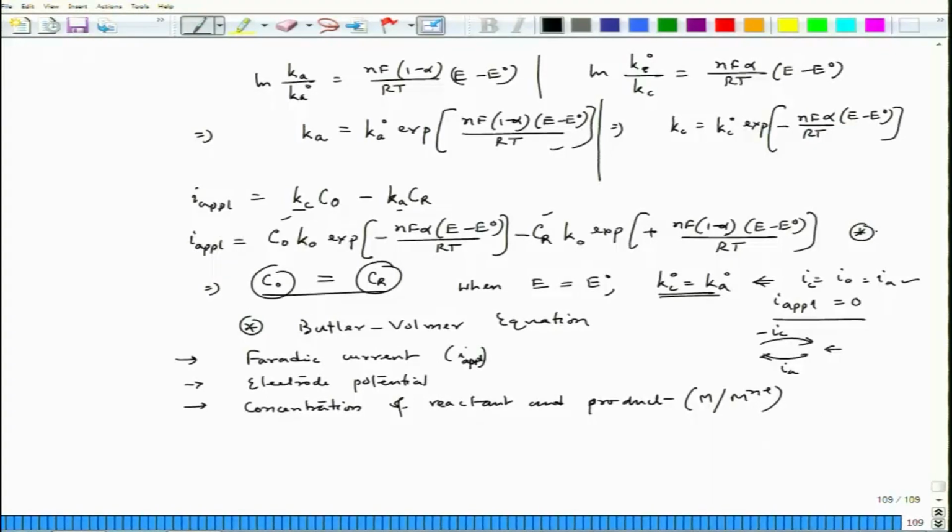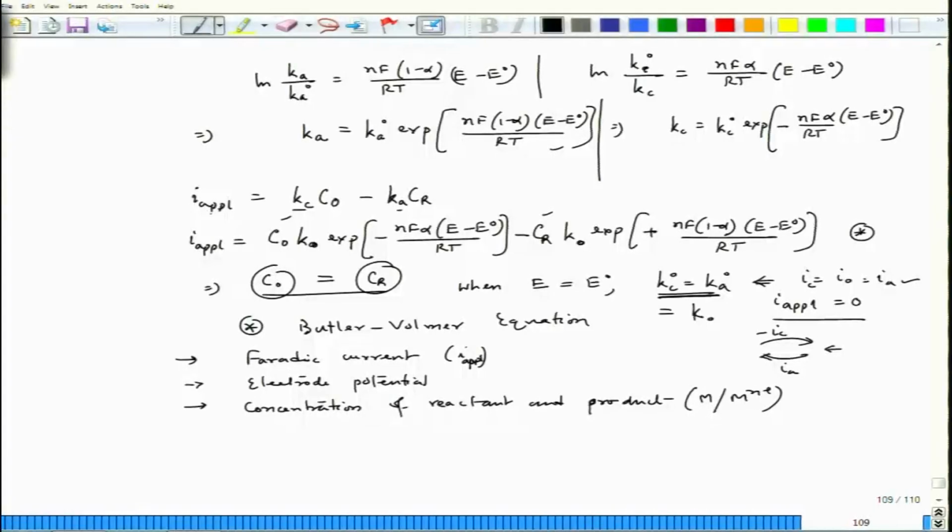Now, before I conclude, I would like to say that when we have this particular relation, I can equate it to k 0 and then I can write k 0 here also. So, in lecture 33, we need to have a modification.